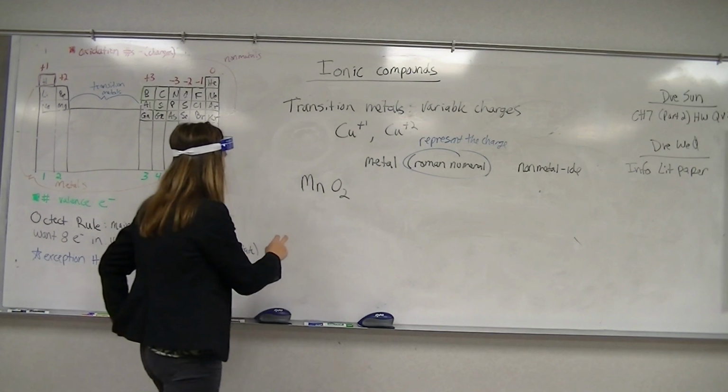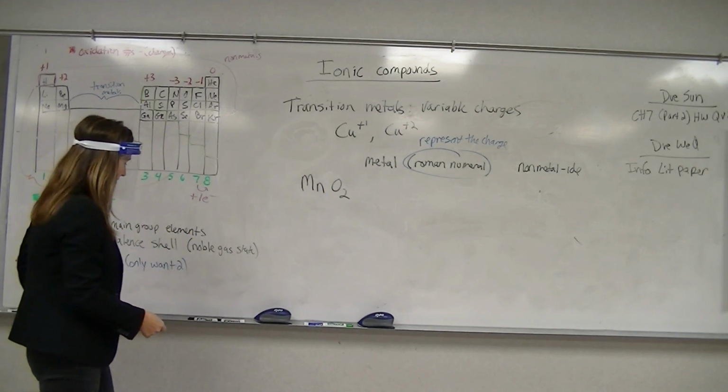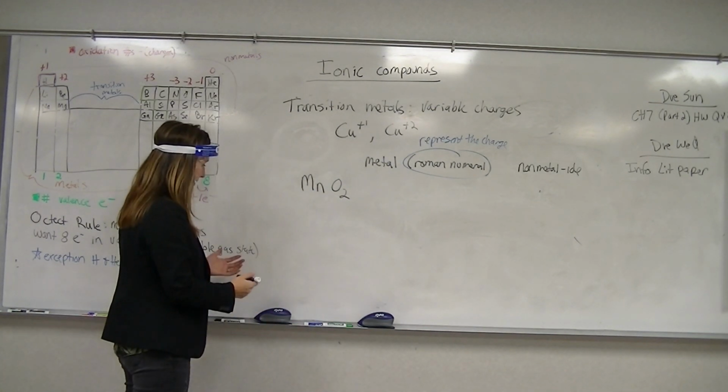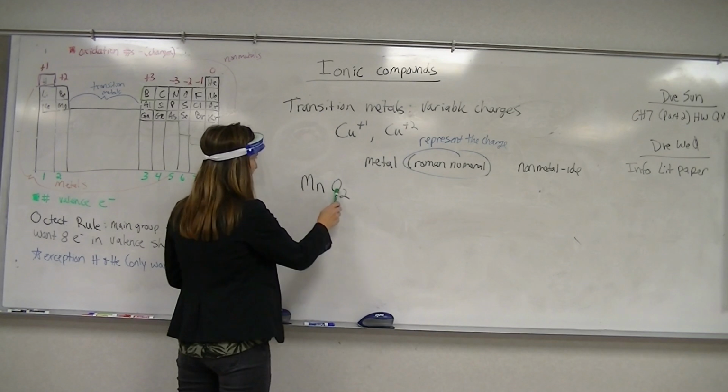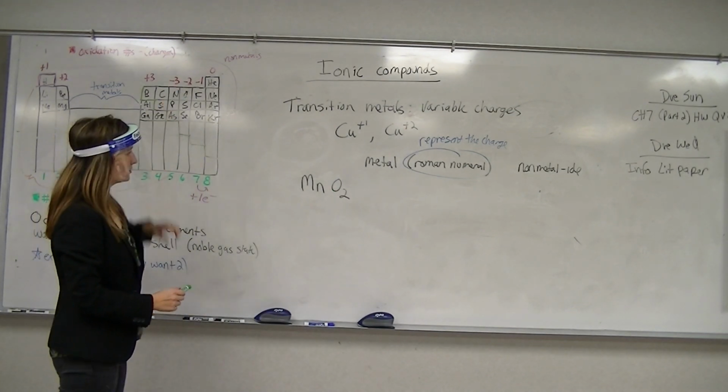Mn, manganese, is a transition metal, and oxygen is a non-metal, so it's an ionic compound. Since it's a transition metal, we're using Roman numerals, so we have to figure out the charge. Look at its partner, oxygen: -2.